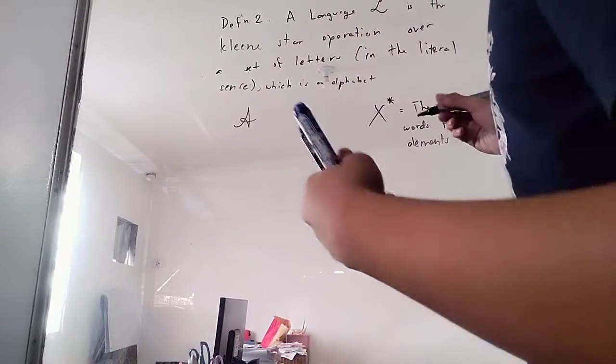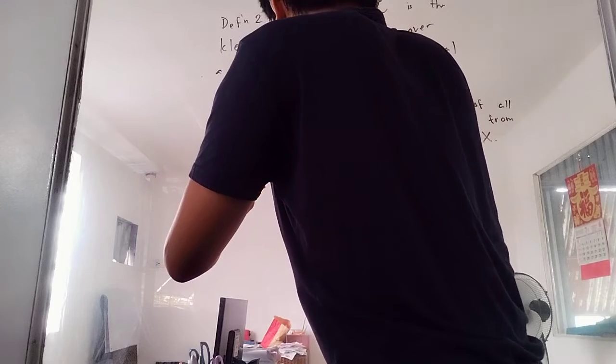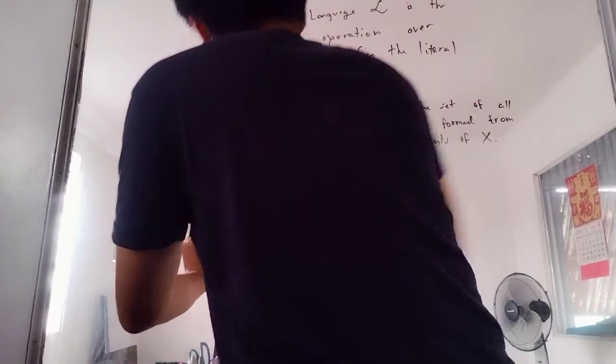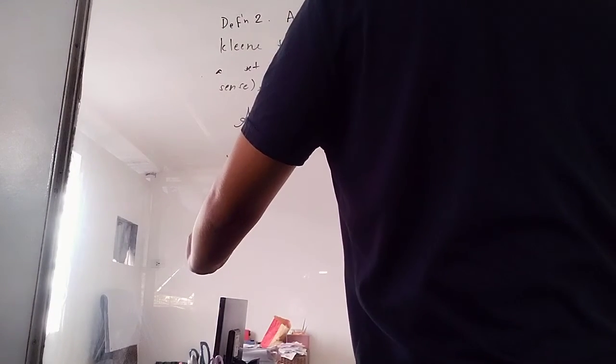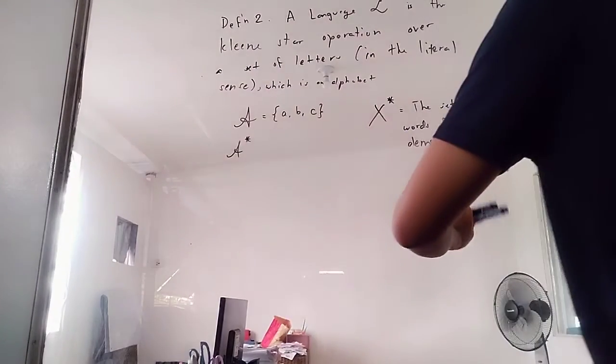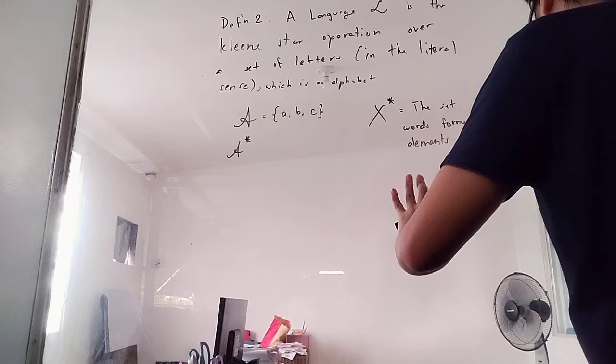So let's suppose A here is composed of the letters A, B, and C. What is the Kleene star operation of A? I want to say this is finite, so we don't run into infinite words.